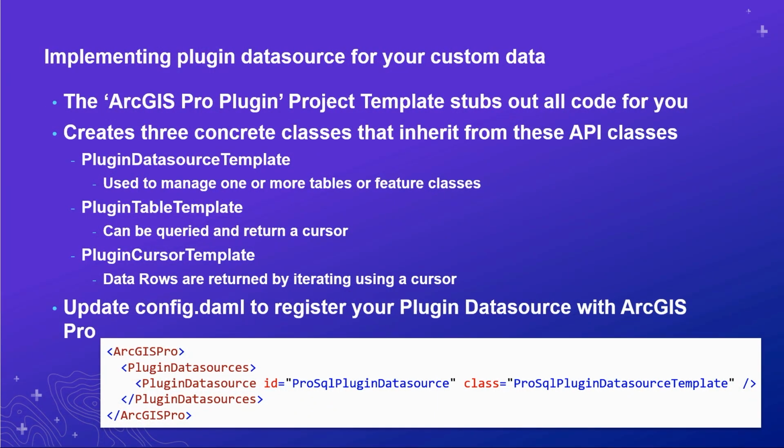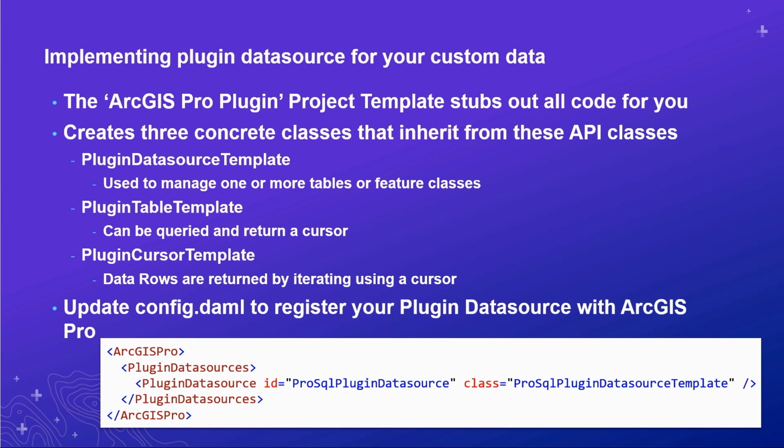So the ArcGIS Pro plugin project template is used to start a new plugin data source project. It will stub out all the code for you, similar to what you've seen Uma show us before. And we'll see that shortly. We have project templates for all our major extensibility patterns. So what it does, it creates three concrete classes that inherit from API classes.